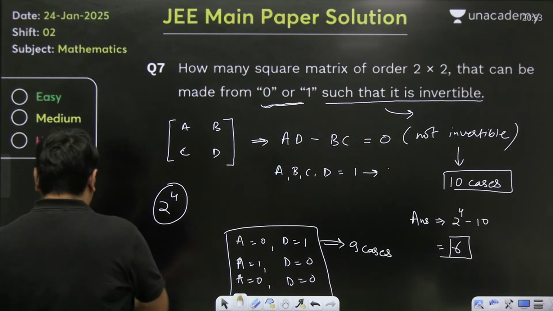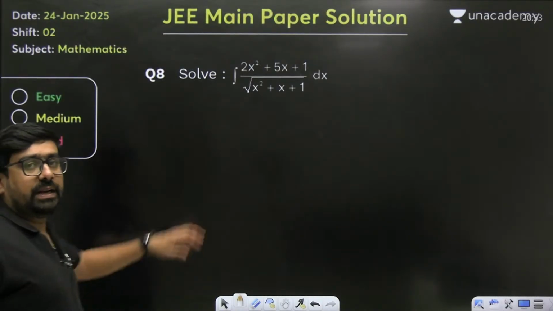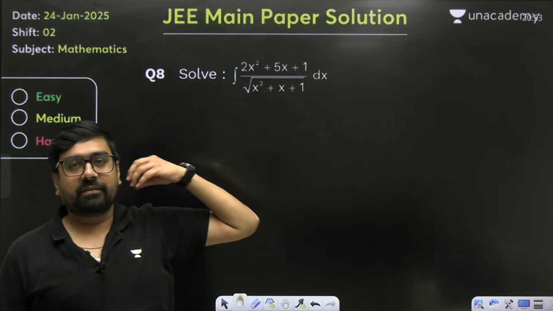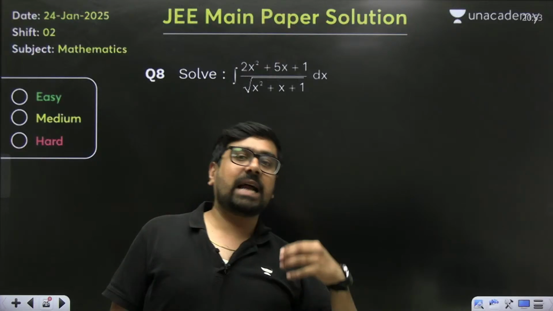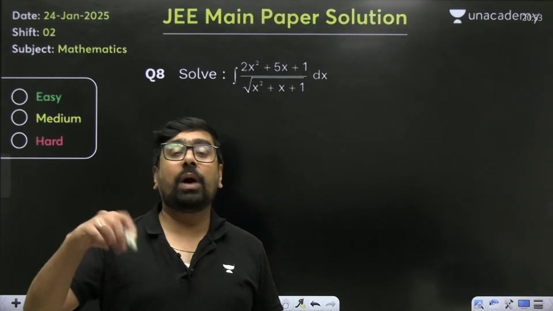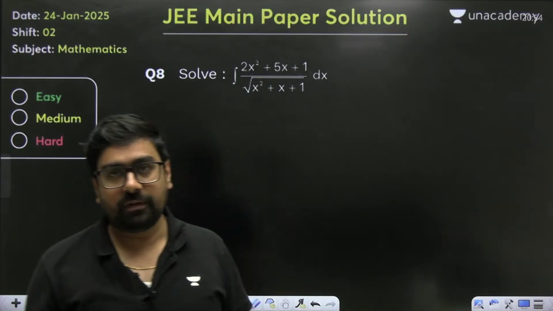Okay, let's see more if we have. This is also a very direct type of question, right? This is something when you do integration, some standard things: linear by quadratic, quadratic by quadratic, 1 by quadratic, 1 by square root quadratic. All of these are taught to you, how to solve which one.